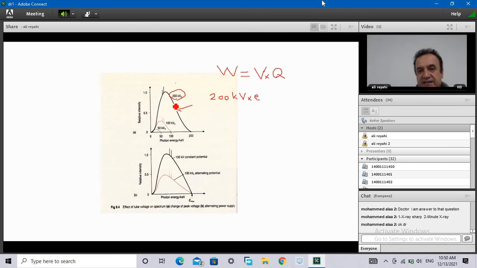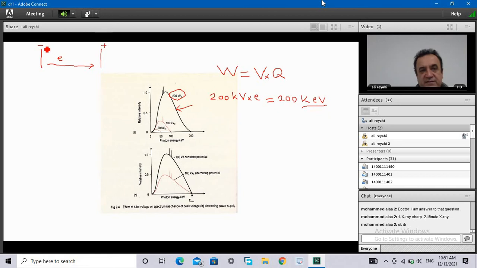So we say that the energy of electron here is 200 kilo electron volt. It is a unit of energy. We know in physics that if we have two electrodes, a negative electrode and a positive electrode, and we have an electron here, this electron is repelled from negative and absorbed by the positive, moving left to right.